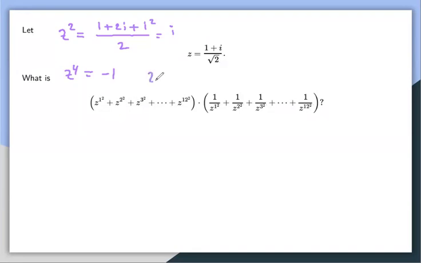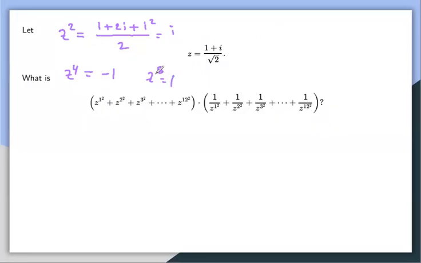And if I take another square, z to the fourth to the second power will be z to the eighth. The reason I'm taking the square is that it makes this number 1. When you get 1 as a power of complex numbers, that means you're usually cycling.